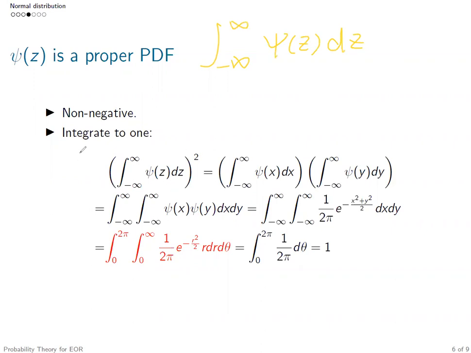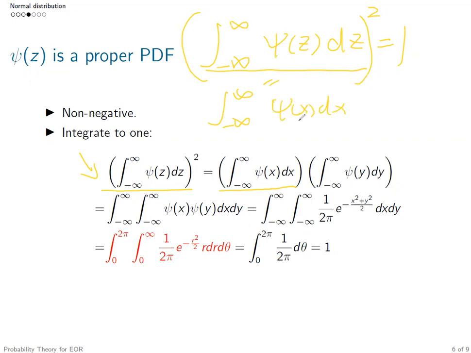And with a little bit tricky calculation, we can indeed show that this is true. To show this is equal to 1, let's show that its square is equal to 1. This integral squared is equal to, well, we know this integral is also equal to the integral of phi(x) dx, we just change the notation here. Then the integral value is exactly the same.